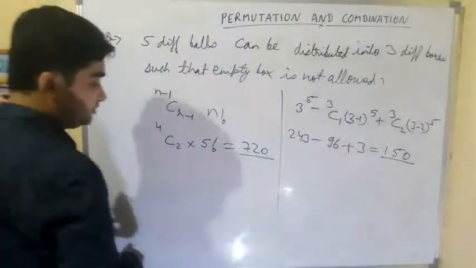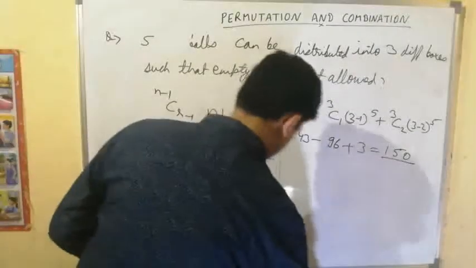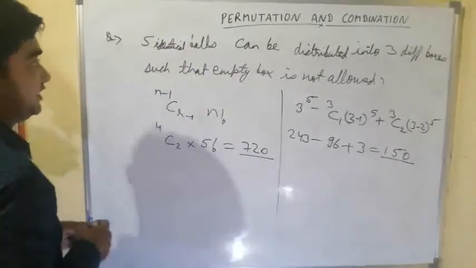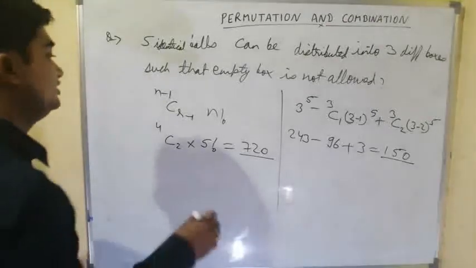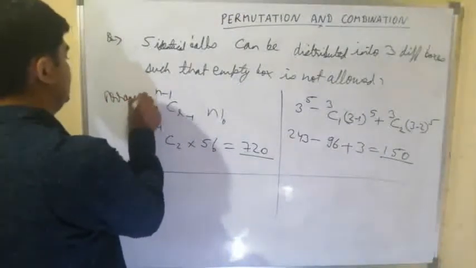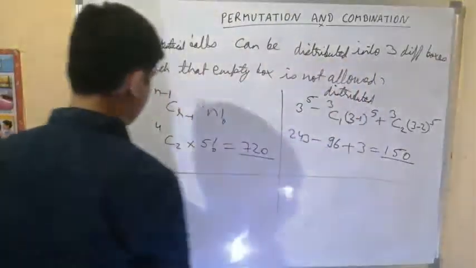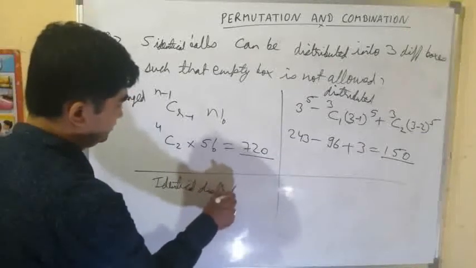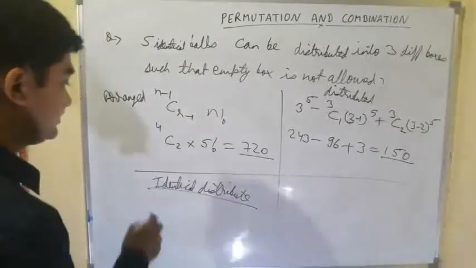Now again in the same problem, if instead of different balls it is given identical balls, in how many ways can 5 identical balls be distributed in 3 different boxes? This is for arranged, this is for distributed, and this is for identical, and identical things cannot be arranged, they can only be distributed.